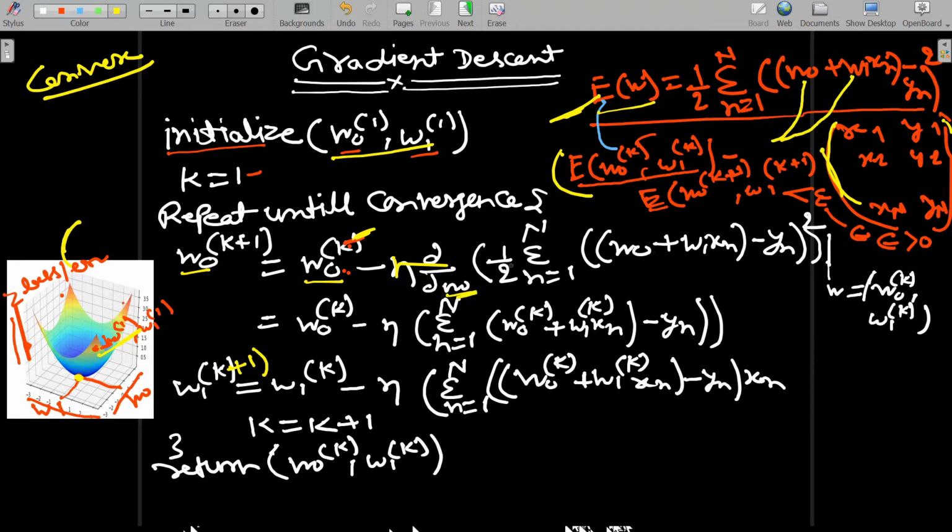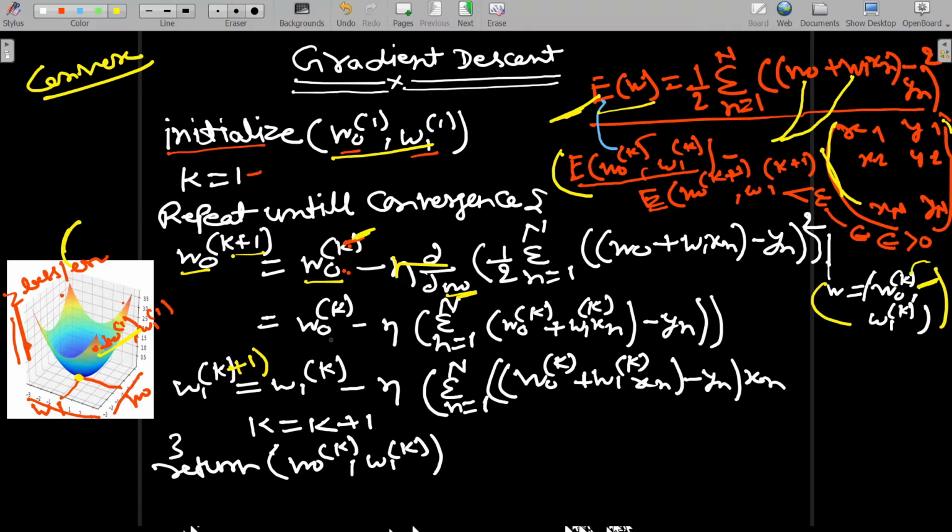We are doing the partial derivative with respect to W0 to find the next W0, which is nothing but W0k plus 1. We do that at the point W0k and W1k. So if you want to find the k plus 1 step, you have to do the partial derivative at the point just before, which is k.